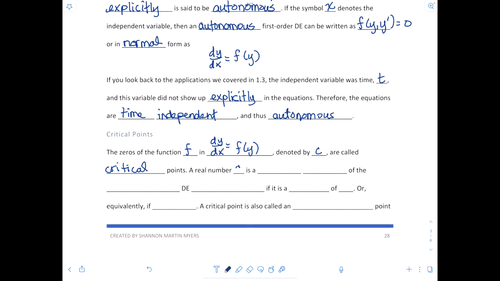A real number c is a critical point of the autonomous differential equation, which again is dy/dx equal to some function of y, if it is a zero of f, or equivalently if f evaluated at c equals 0.